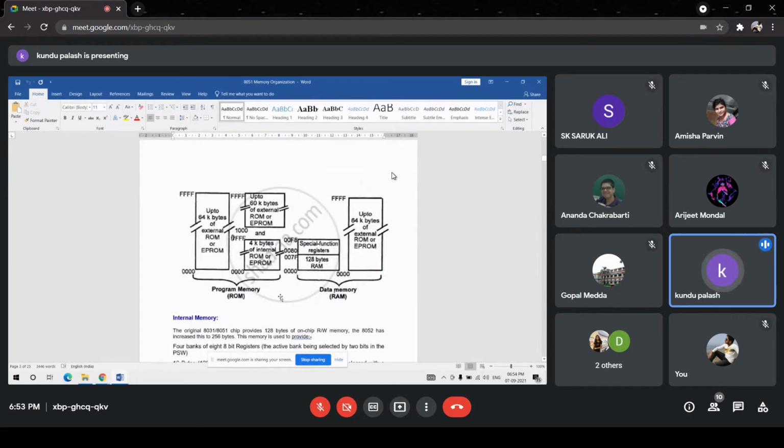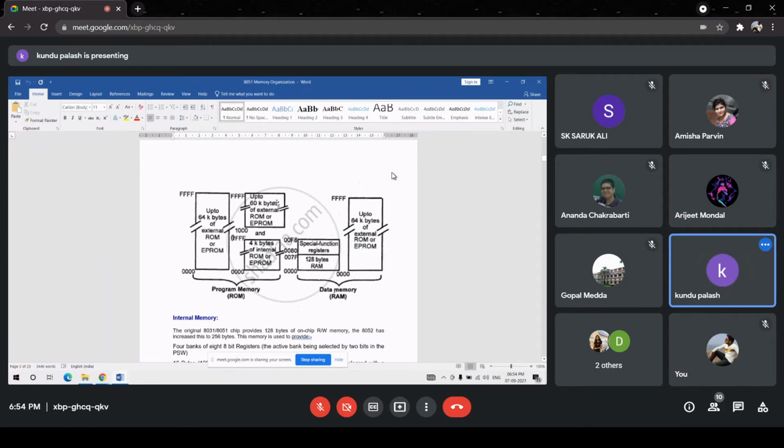So how the program memory can be partitioned into two parts. The total external memory size is 64 kilobytes, and the internal program memory size is limited to 4 kilobytes. So the rest, 60 kilobytes, is expandable.